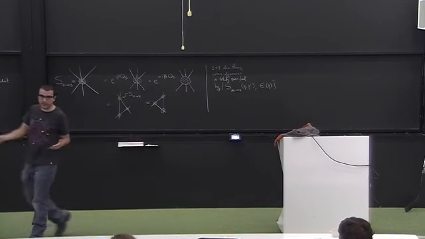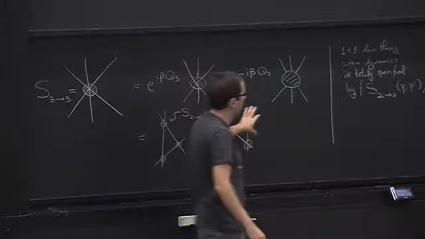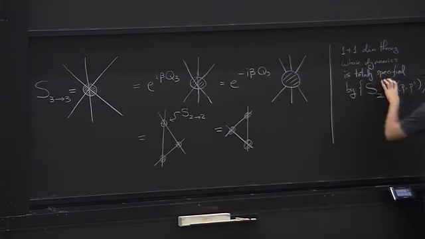That defines all the scattering. That describes all the dynamics. Particles scatter in a factorized way, and all we need to know is the two-body S matrix and the dispersion relation.